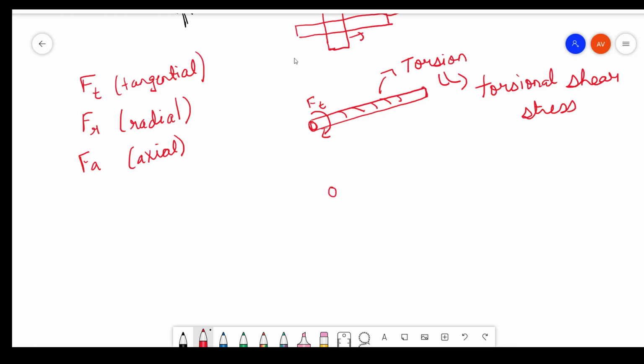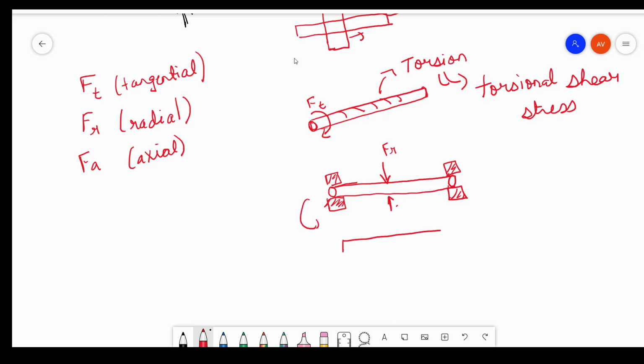Now let's take another view. We are seeing it straight, and it is supported at the ends because of bearings. Now you have some radial force because of the gear. It can be like this, it can be like this also. At different instants it can be there. So at some particular instant your rod is going to face the load this way, and it becomes like a simply supported beam.